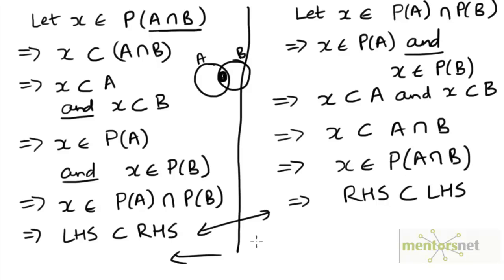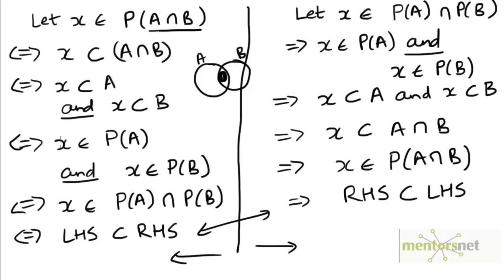So since we retraced the steps that we had set out along on this side of the picture, in the right hand side of the picture, we were basically retracing the steps that we took on the left hand side. So instead of writing this two times, we could have just said that each of these steps is an if and only if step. X belongs to the power set of A intersection B if and only if X is a subset of A intersection B. And this is true if and only if X is a subset of A and X is a subset of B. So each of these steps is basically a two-way implication.